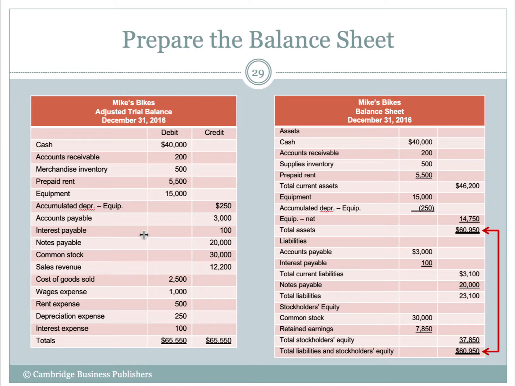So if you notice, look at the heading, right? Company name, just like the other statements we looked at. Name of the statement underneath the company name. December 31st, 2016. So the balance sheet is very different than the income statement and the statement of owner's equity for a number of reasons.